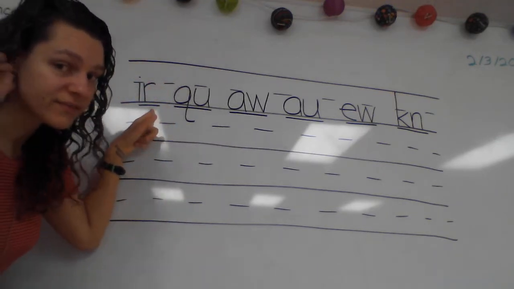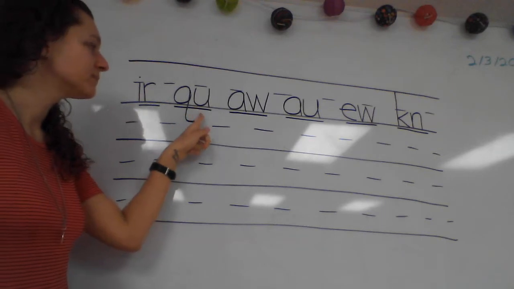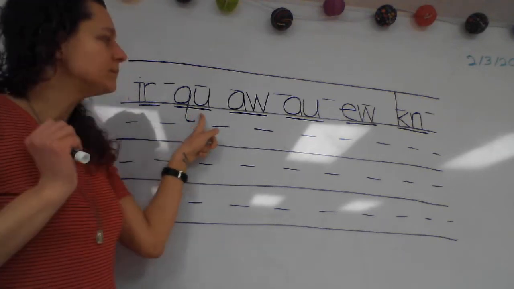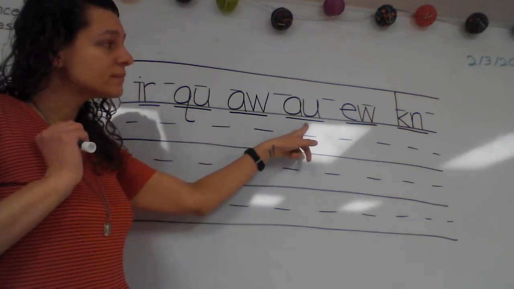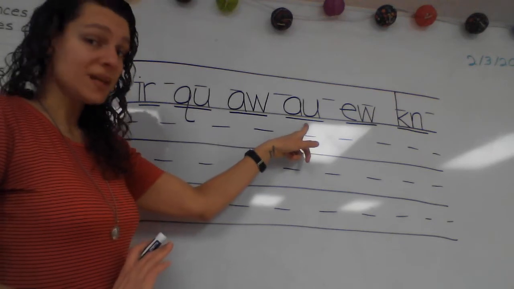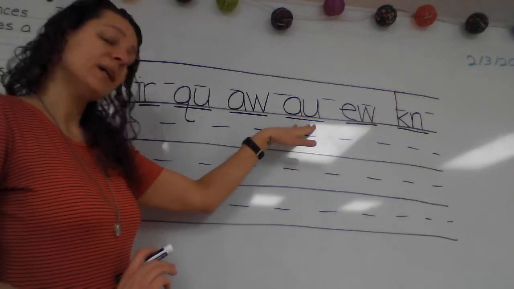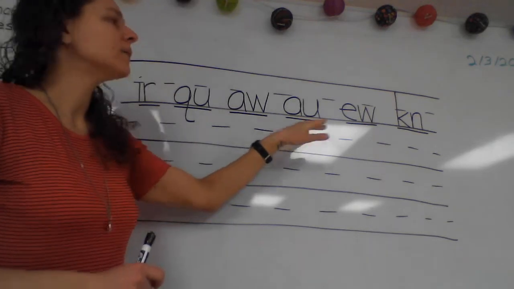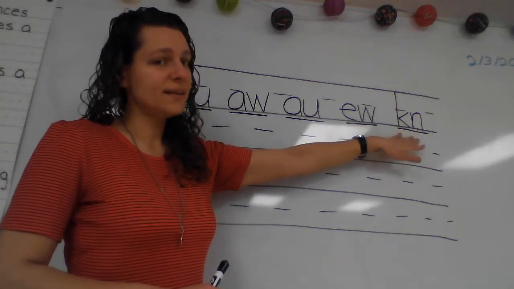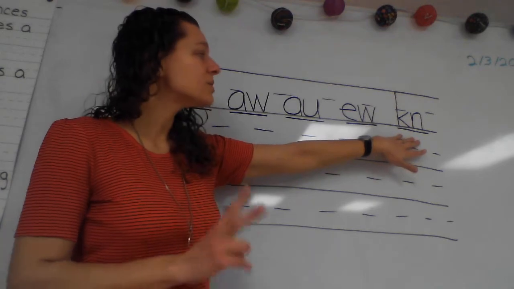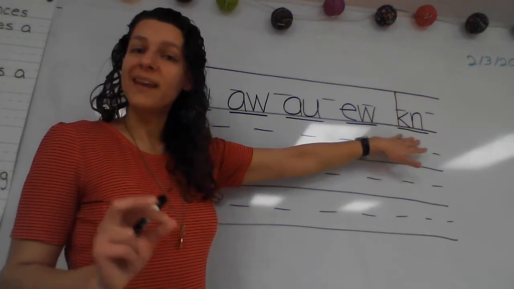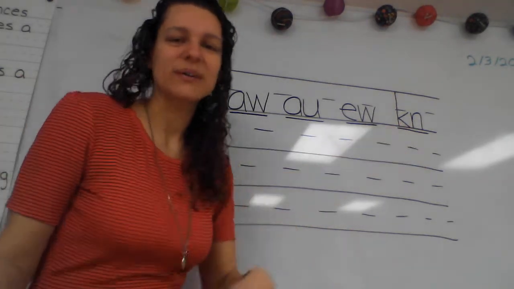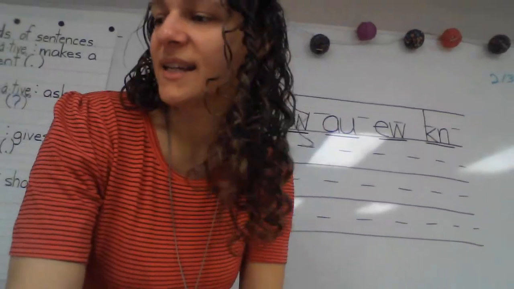Good, the 'er' of bird. Qua. Good, aw that we do not use at the end of English words. Why not? Good, English words do not end with 'u'. And this one? Good, 2-letter 'n' used only at the beginning of a base word. All right, nice job, class.